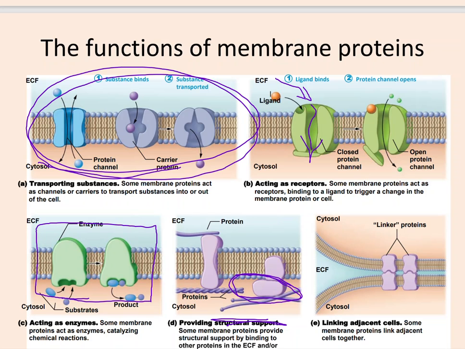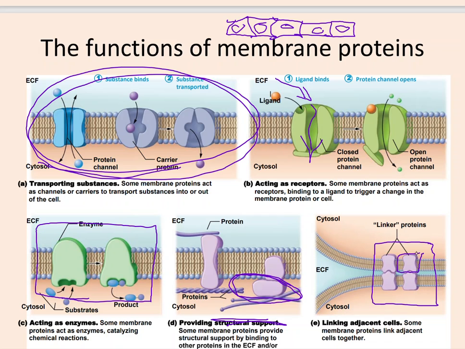And then we have things like making those cell junctions. Remember when I talked about sometimes you need to have many cells together to form, for instance, a lining of a surface or of an organ? Then all of those cells need to be held together, plasma membrane to plasma membrane, and they use these kind of proteins that are located on the plasma membrane of adjacent cells to link to each other, and they're called linking adjacent cells.